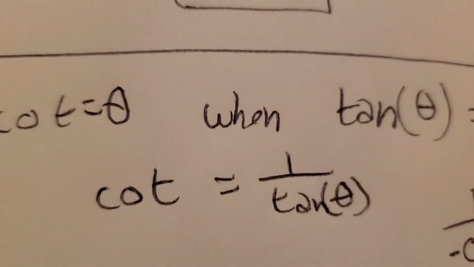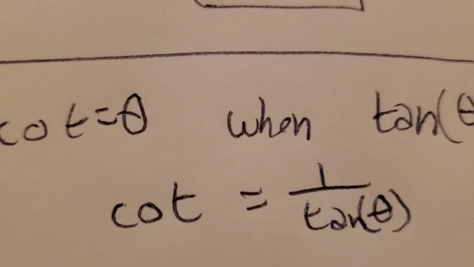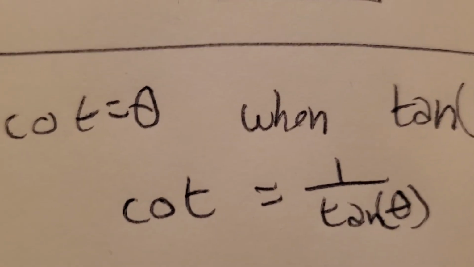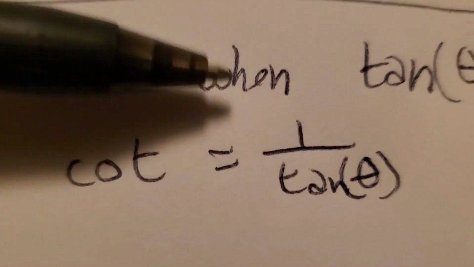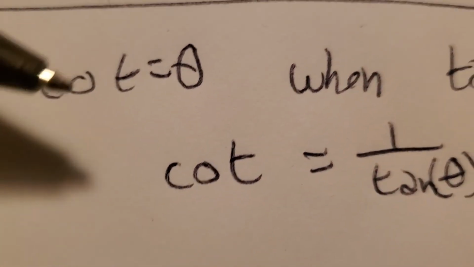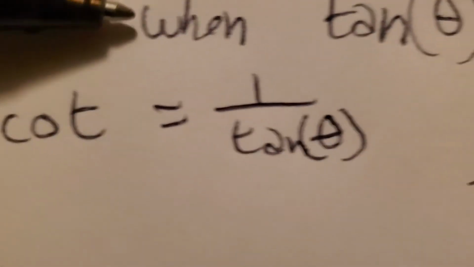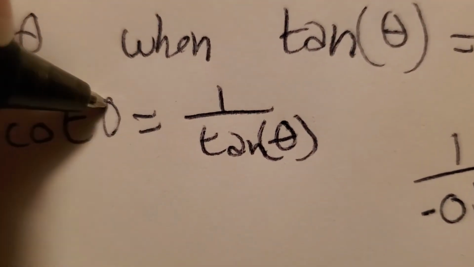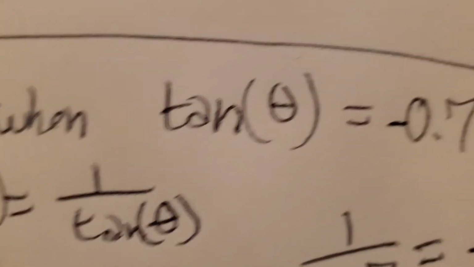The last question that I decided to answer was, what does cotangent theta equal when tangent theta equals -0.7? From here, you're just going to have to know that cotangent of theta is equal to 1 divided by tangent of theta.